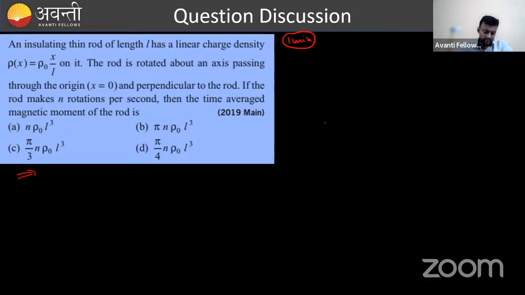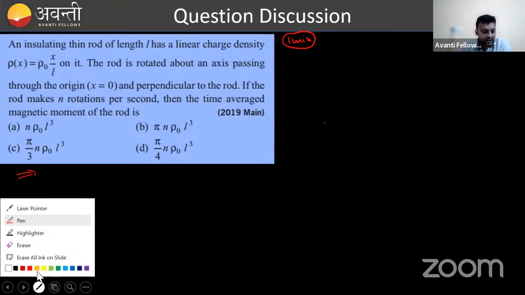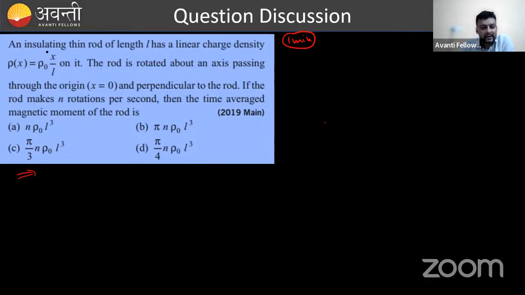Okay, I hope I have given you ample amount of time. So let's start with the question. What it says: an insulating thin rod of length L has a linear charge density, given as this. The rod is rotated about an axis passing through the origin and perpendicular to the rod.